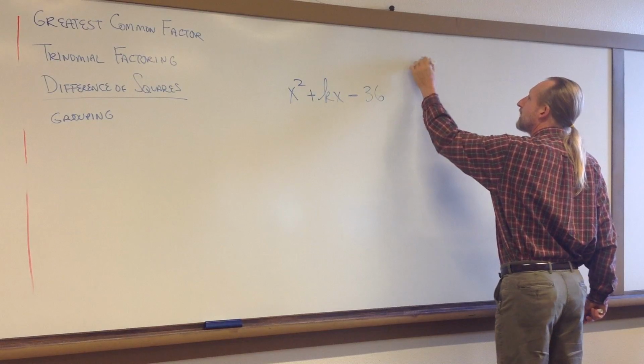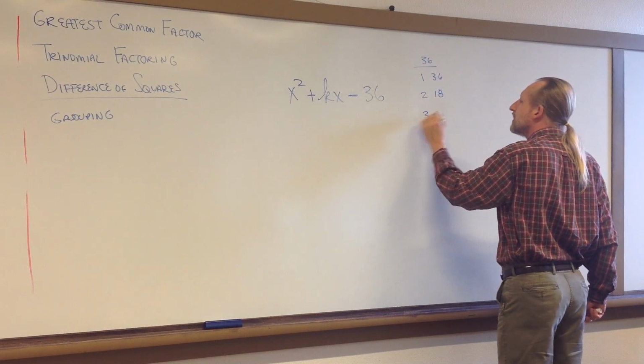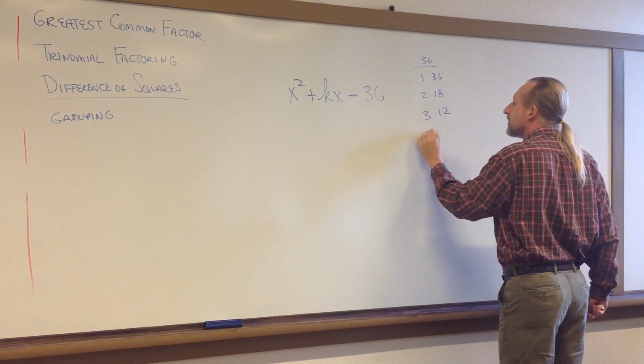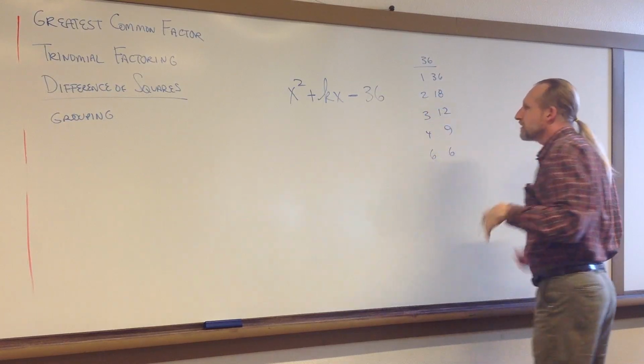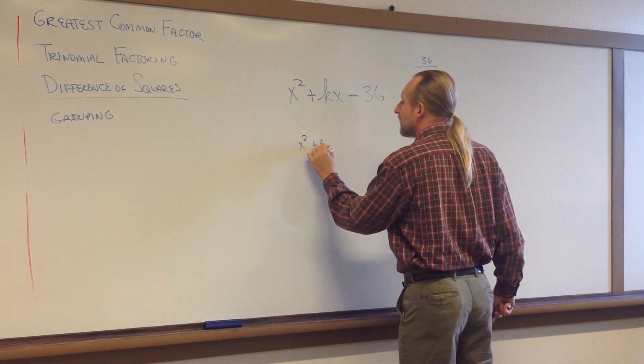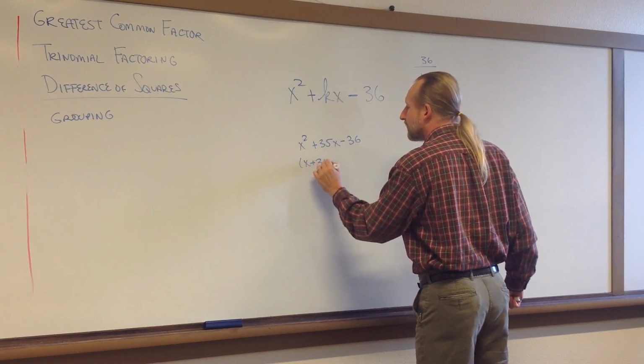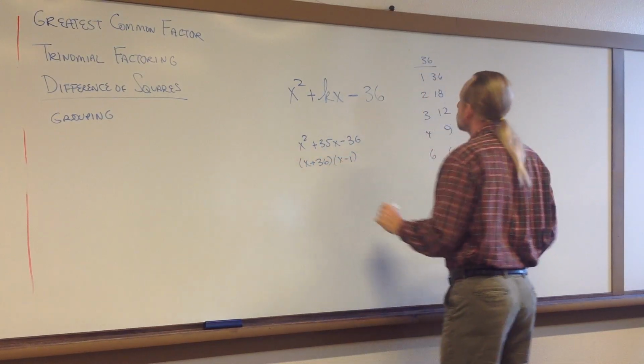So let's look at the factors of 36: 1 times 36, 2 times 18, 3 times 12, 4 times 9, and 6 times 6. What this is saying is that if we had x squared plus 35x minus 36, then it would factor like this.